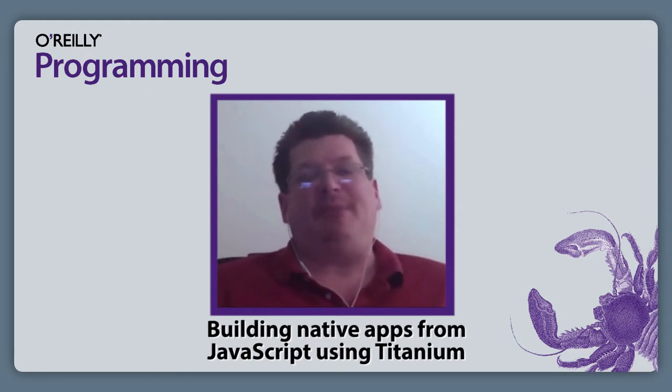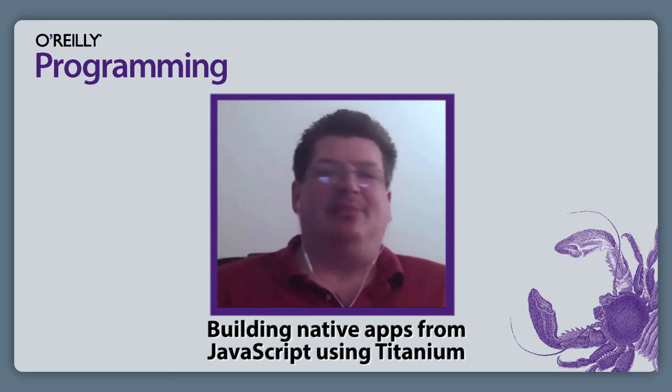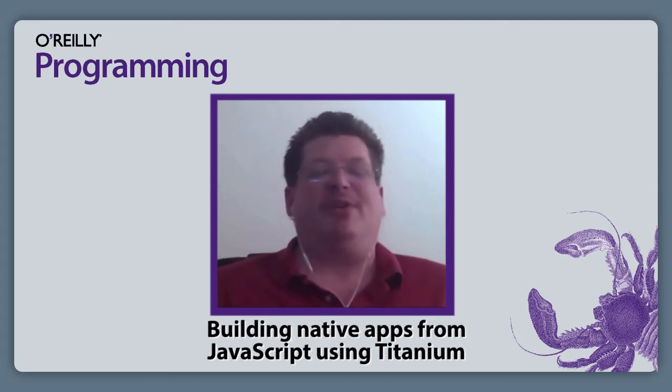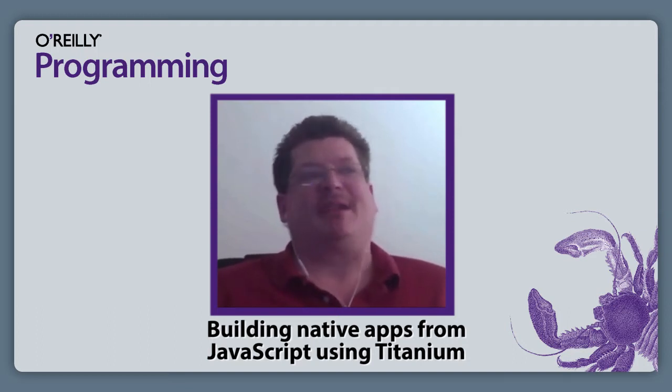And when people hear that Titanium uses JavaScript, they automatically lump Titanium into that same category: all right, it's running in a web view, it's using HTML5, and it's suspect to all those issues that they're hearing about that places like Facebook are making popular these days.